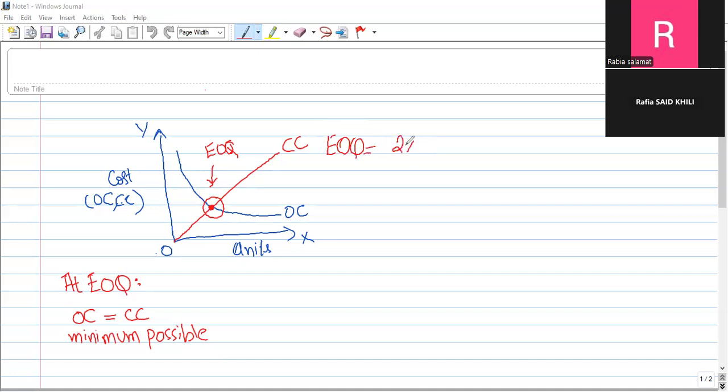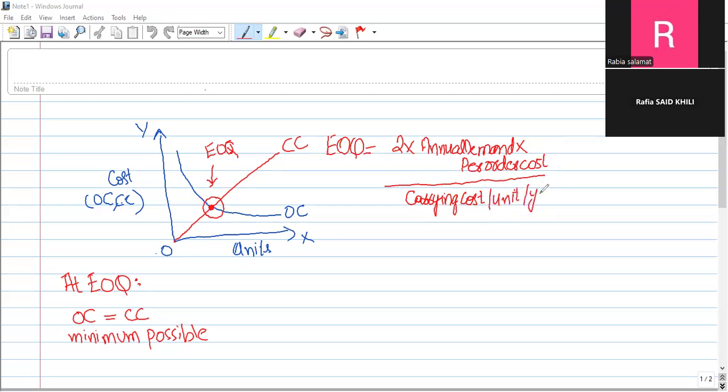The formula is 2 into annual demand into per order cost divided by carrying cost per unit per year, whole under root.